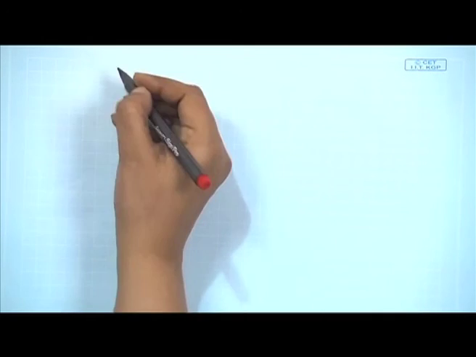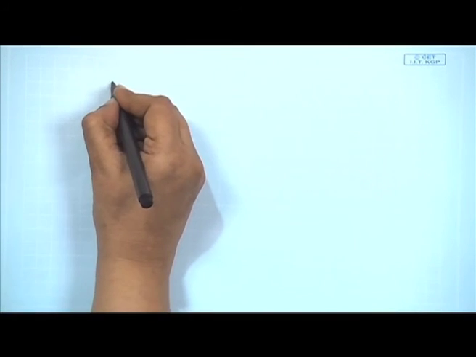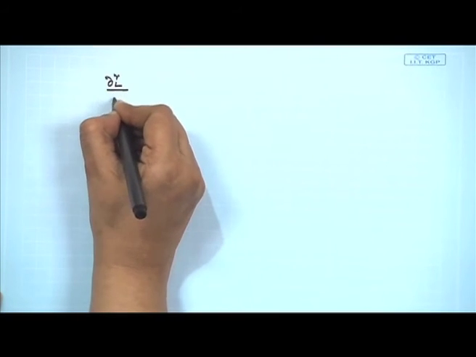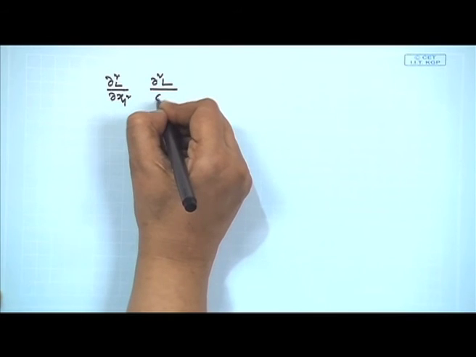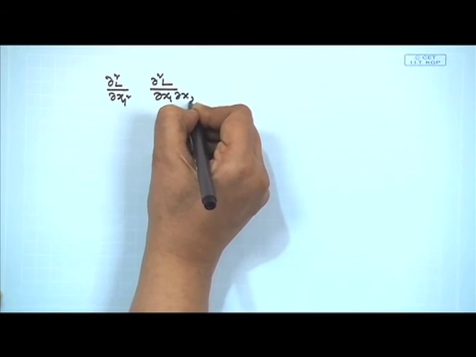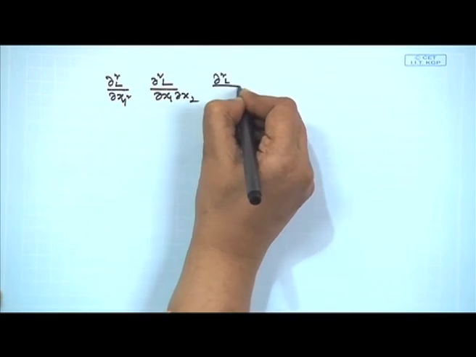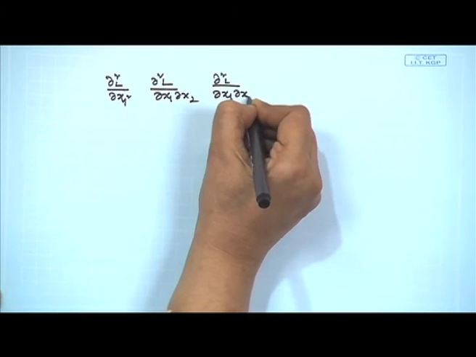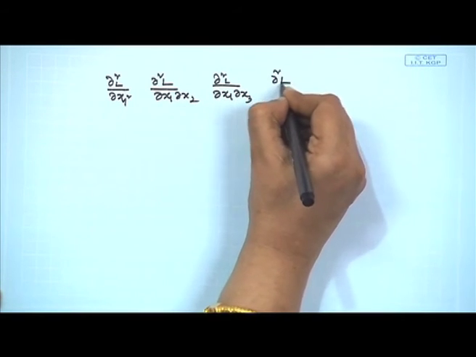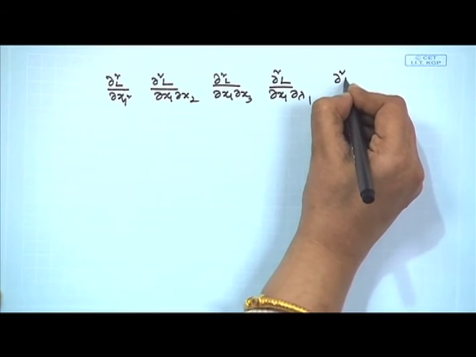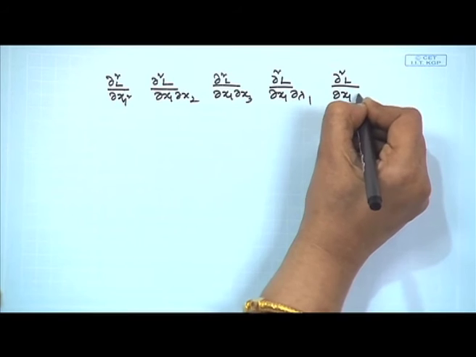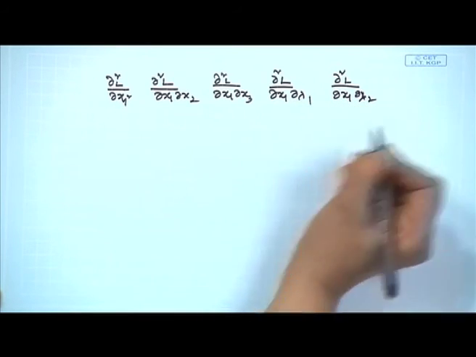To consider the second order derivative of L, you need to formulate the matrix like this: del 2L by del x1 square, del 2L by del x1 del x2, del 2L by del x1 del x3, del 2L by del x1 del lambda 1, del 2L divided by del x1 del lambda 2.